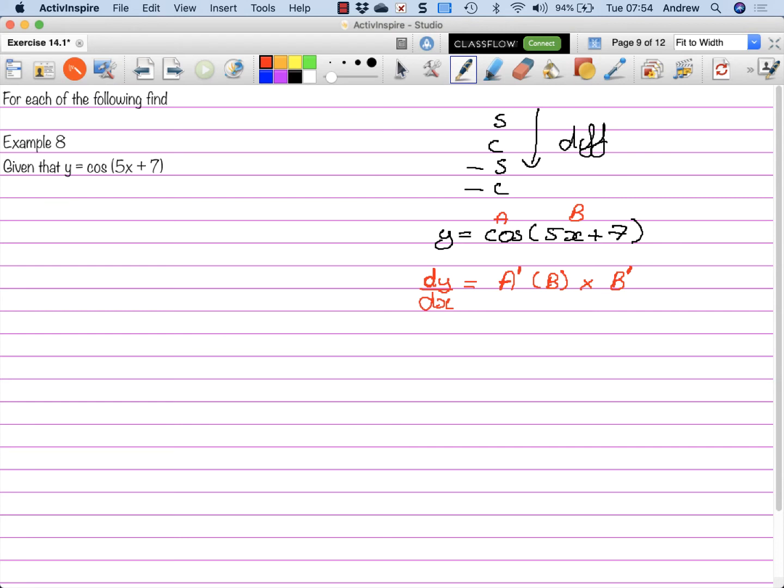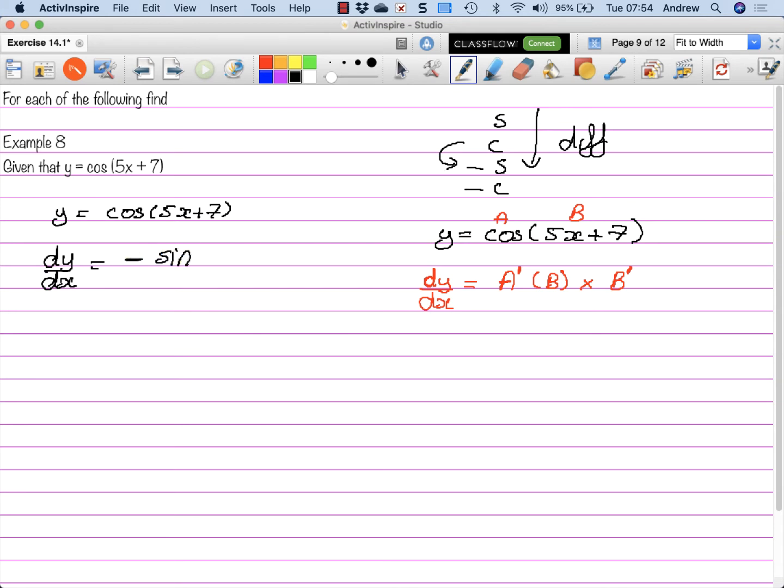So here we've got y is equal to cos of 5x plus 7. And we're differentiating it for the first time, so it's dy/dx. The differential of cos is minus sine, so it's minus sine.